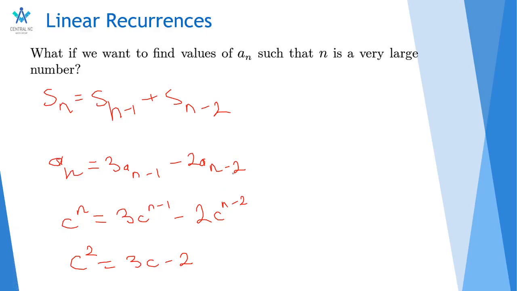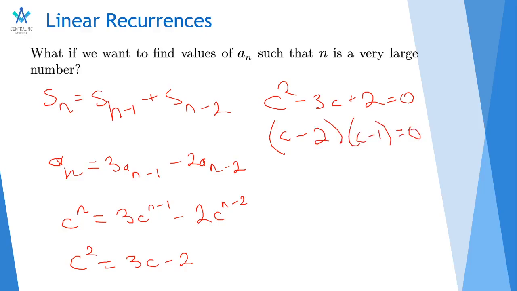Now let's move everything to one side so we get a quadratic. That'd be c squared minus 3c plus 2 is equal to 0. And we can factor this into c minus 2 and c minus 1 is equal to 0. That gives us two values of c, and that's what you usually want: c equals 1 and 2.